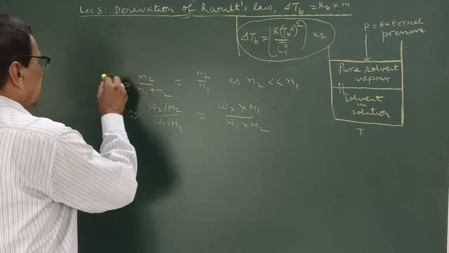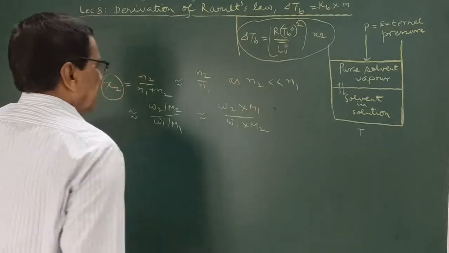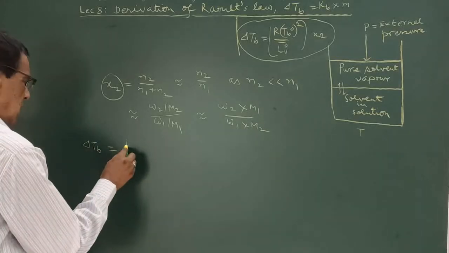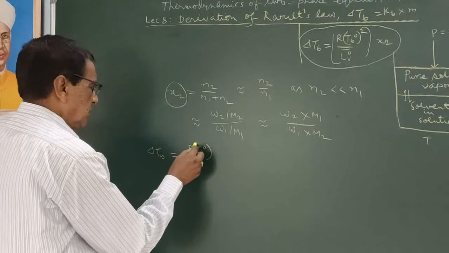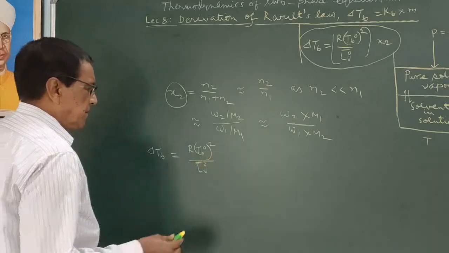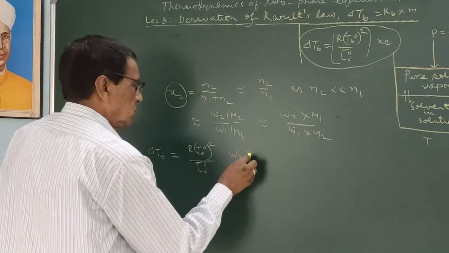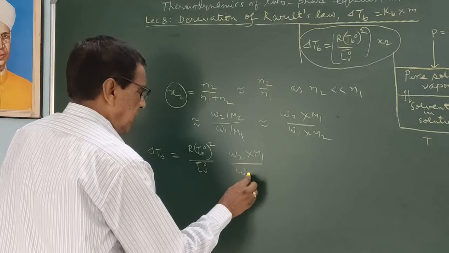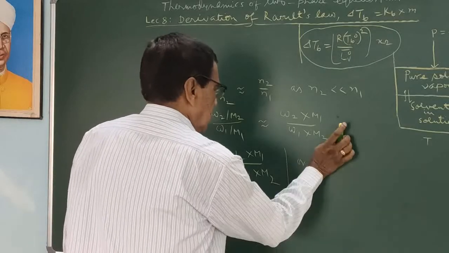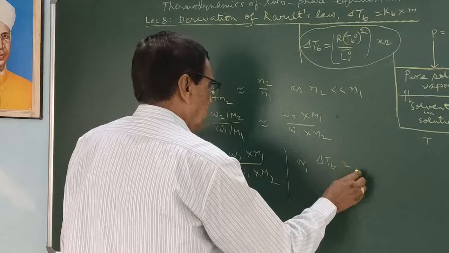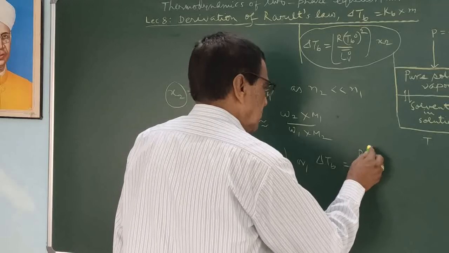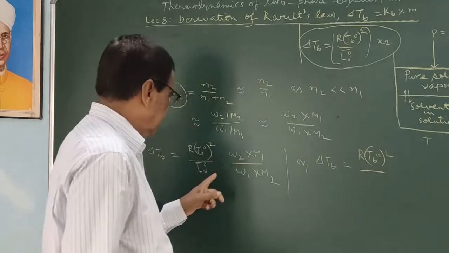So instead of writing this x2, we can write delta TB equal to R TB naught squared divided by LV naught bar, into W2 into M1 divided by W1 into M2, or delta TB, the elevation of boiling point of this solution, is equal to R TB naught squared, and this M1 could be taken here.